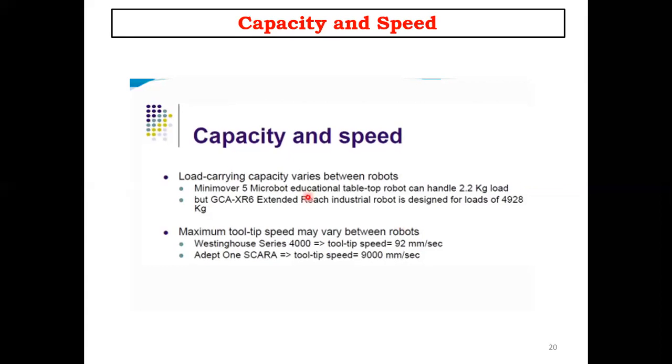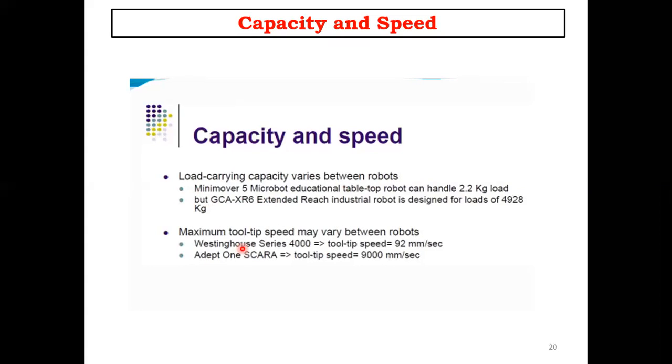First, load capacity varies between robots. For example, the Mini Mover 5 micro robot handles 2.2 kg only, but the GCE XR6 extended reach industrial robot is designed for 4928 kg.